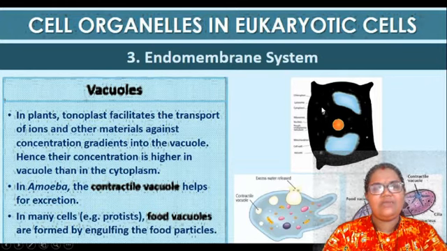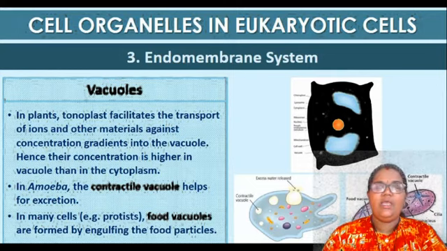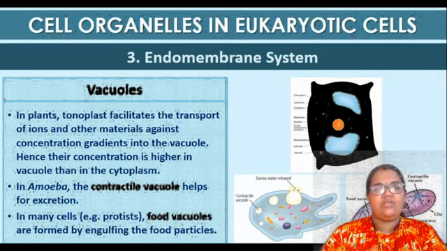In plants, the vacuole mostly contains waste material or cell sap, and it can also be storage. This cell sap accumulation must happen against the concentration gradient, and the tonoplast helps with that.